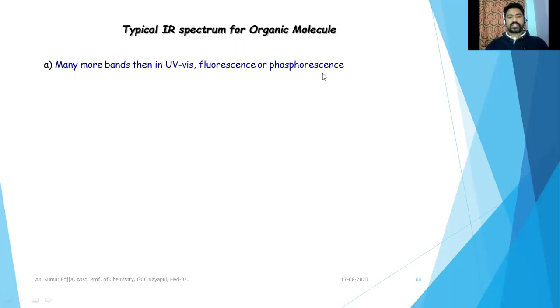During that process, the molecule releases energy to the surroundings. The released energy will be in two ways. Either it may release energy in the form of heat, or sometimes the molecule may release its excess energy during deactivation to the ground state in the form of light.